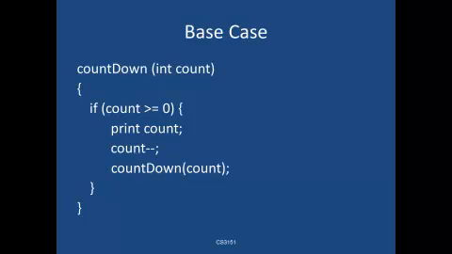In the given example, we need the if statement that checks if count is greater than or equal to 0. In turn, if count is less than 0, then no recursive call is made, and in this example no further instructions are executed. So the base case in this case is where count is less than 0.